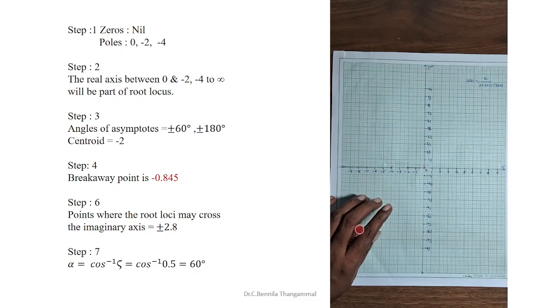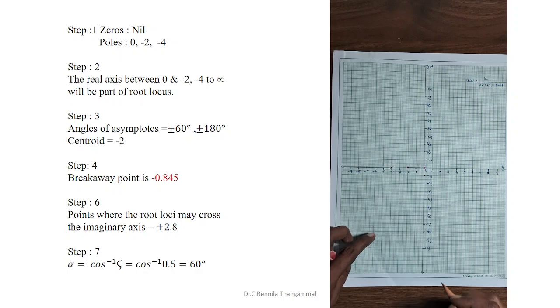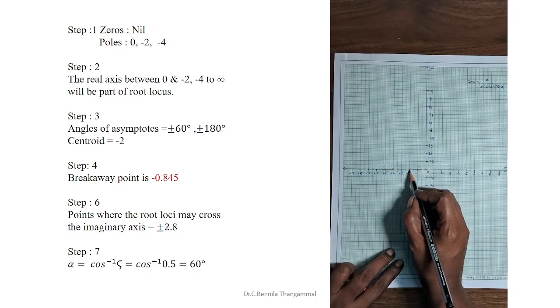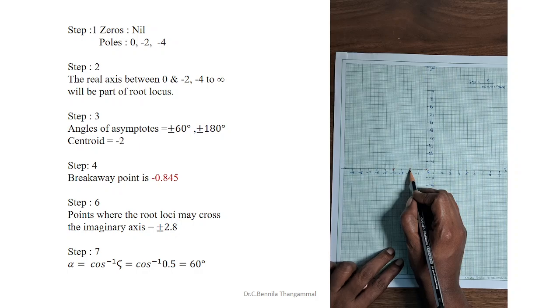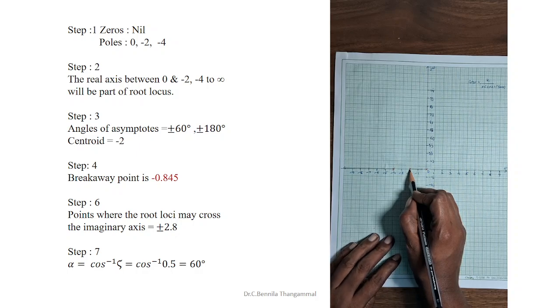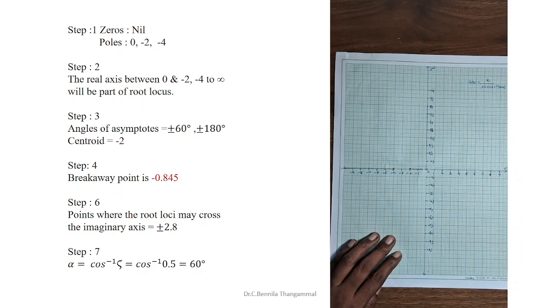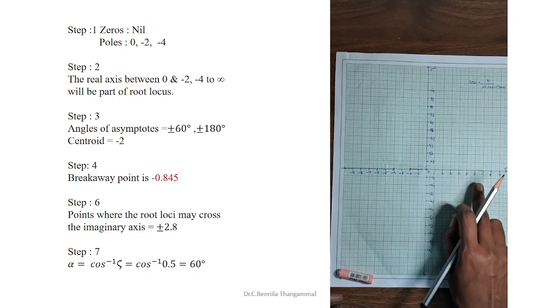Step 3 is to get your centroid as well as your asymptotes. You have calculated the centroid. The centroid is minus 2, and the angles of the asymptotes are plus or minus 60 and plus or minus 180. Plus or minus 180 won't be any problem, it is going to be the horizontal line.